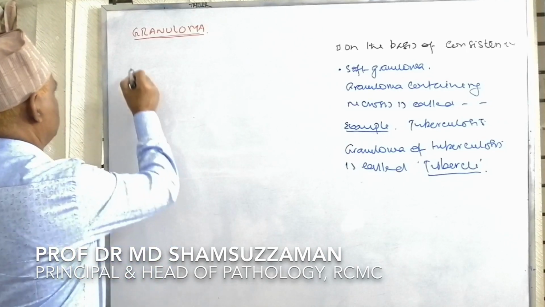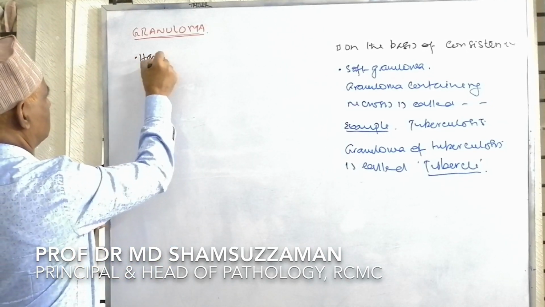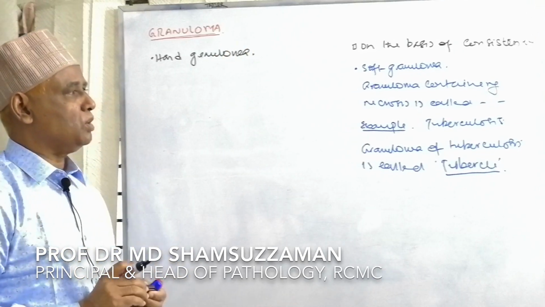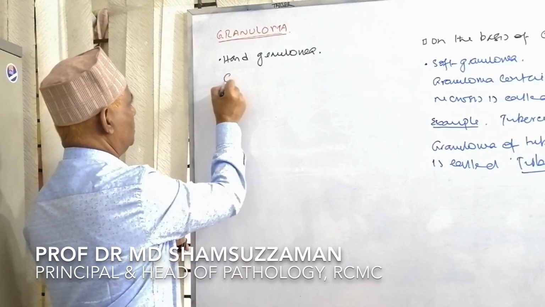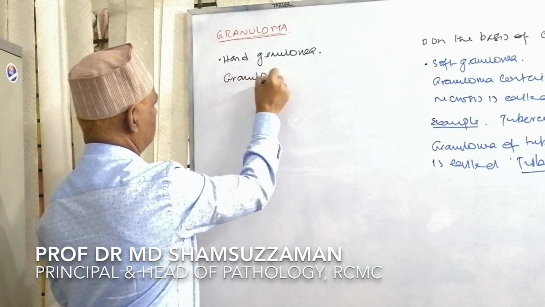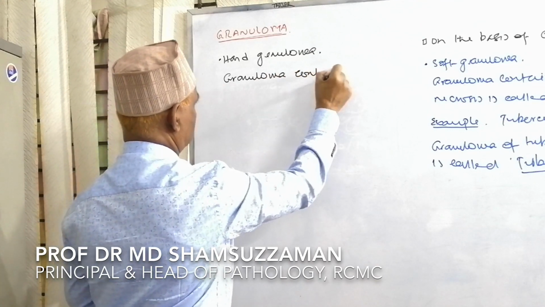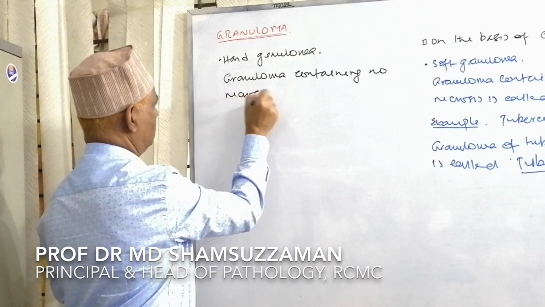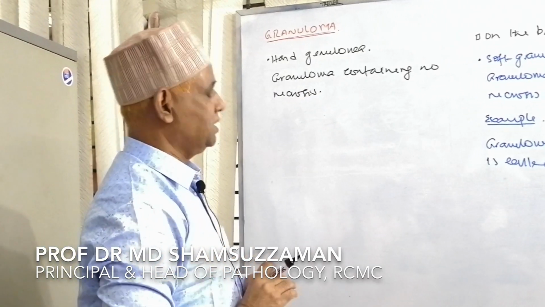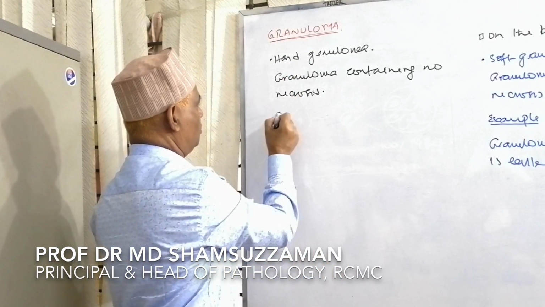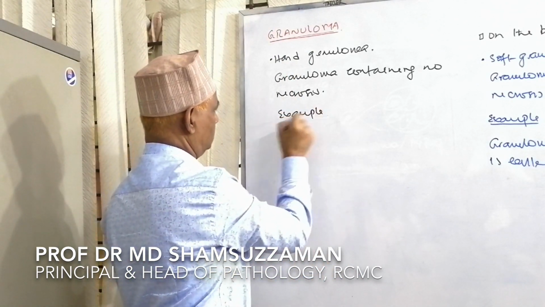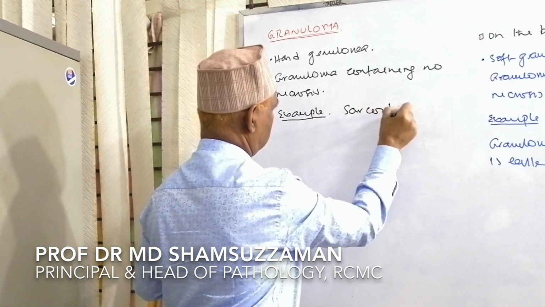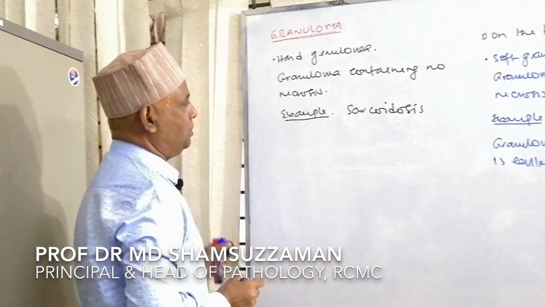Another is hard granuloma. Hard granuloma means granuloma containing no necrosis. So examples of hard granuloma: granuloma found in sarcoidosis.